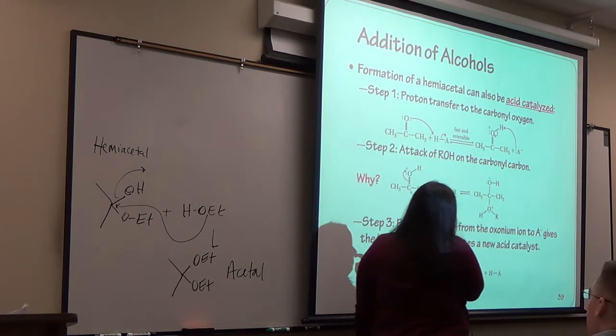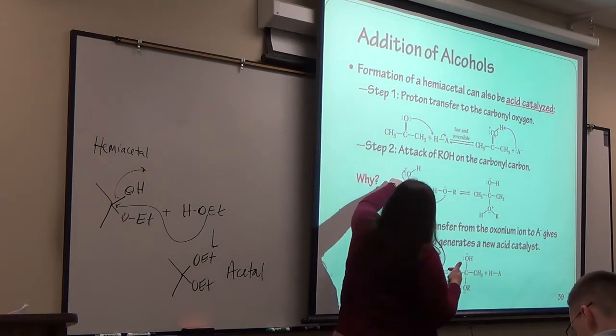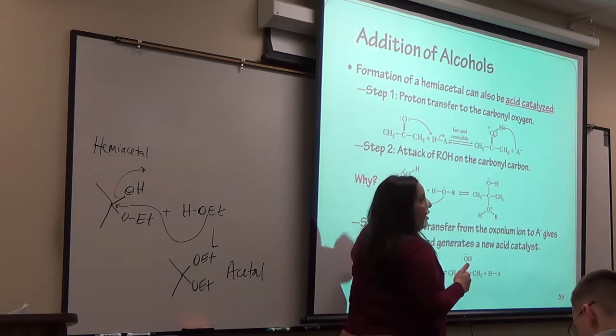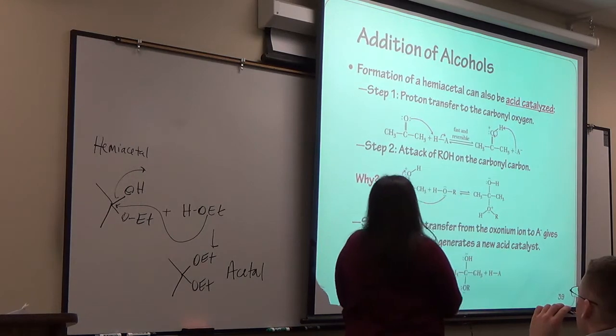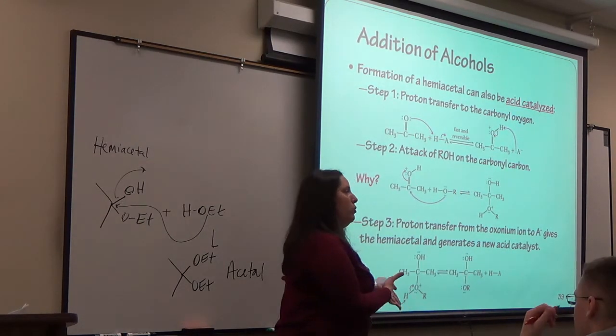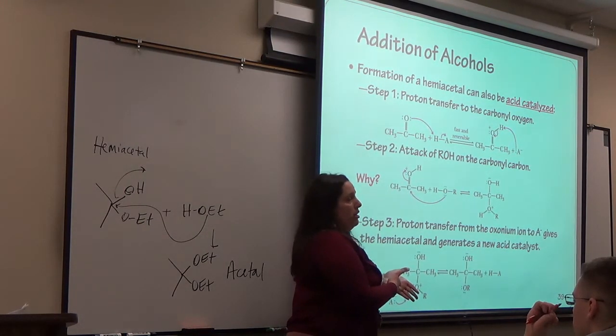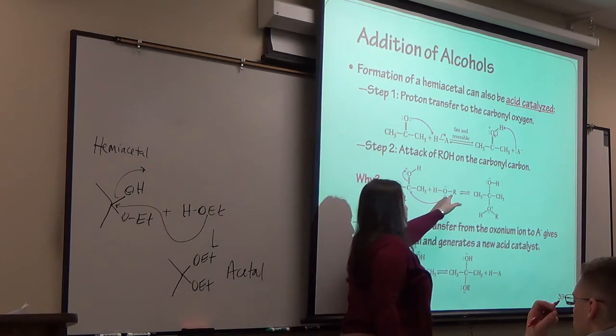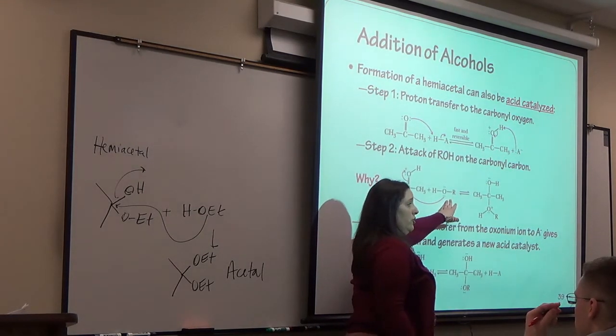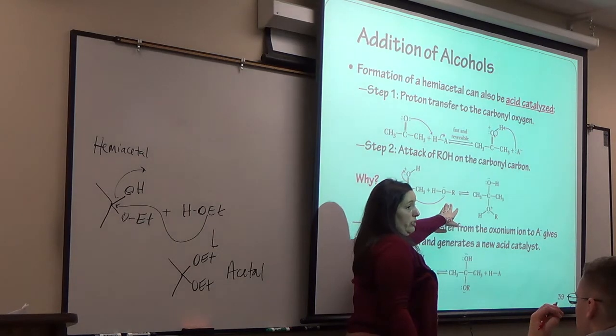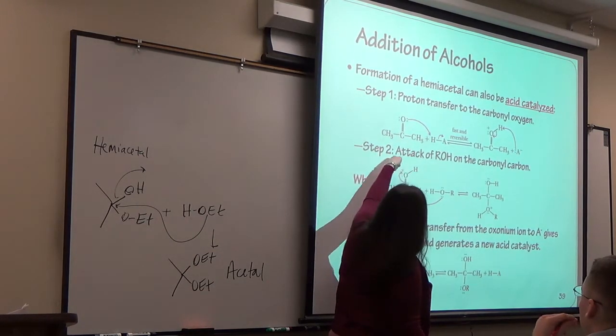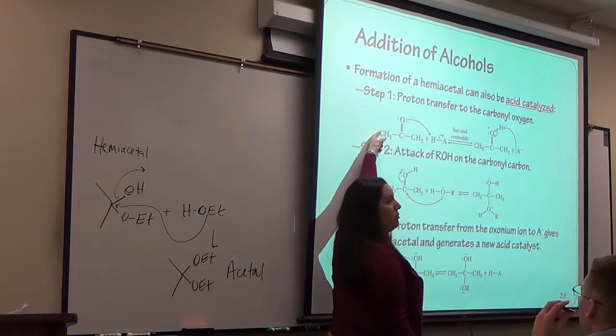Then there's even more of a drive for the pi bond to open because the oxygen doesn't really want to have that positive charge. And so the nucleophile doesn't have to be quite as good, because the driving force is this charge that I just created. Does that make sense?